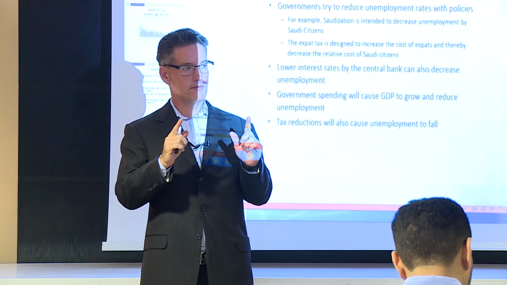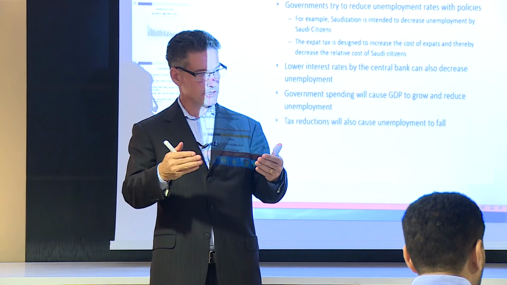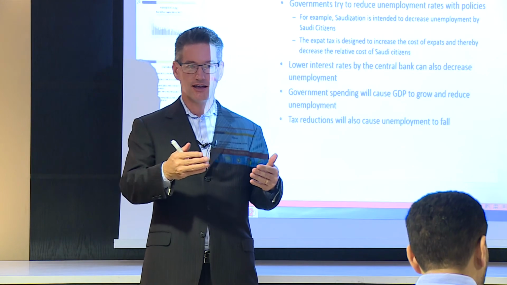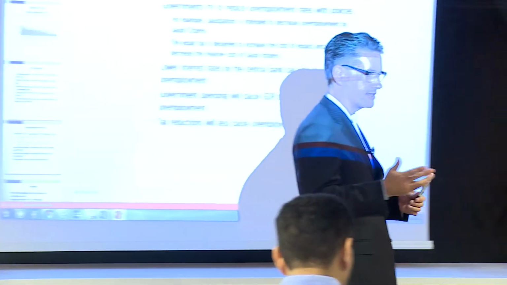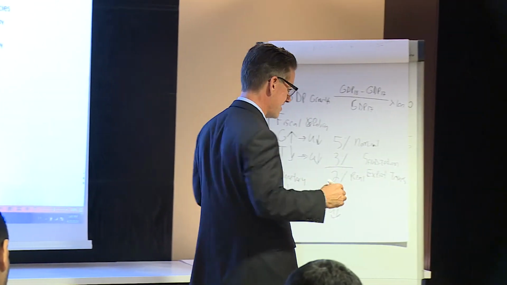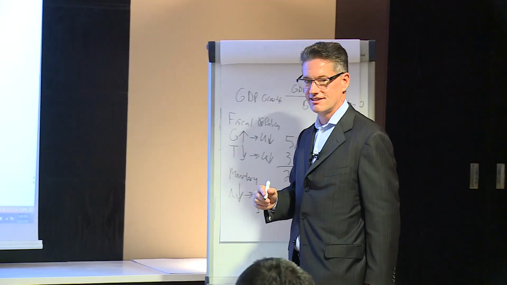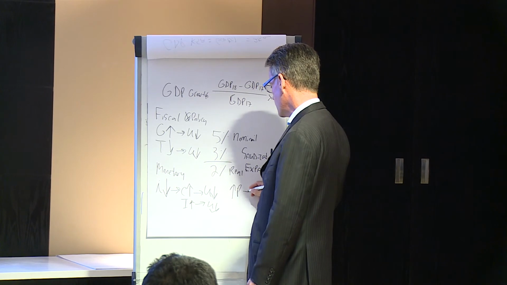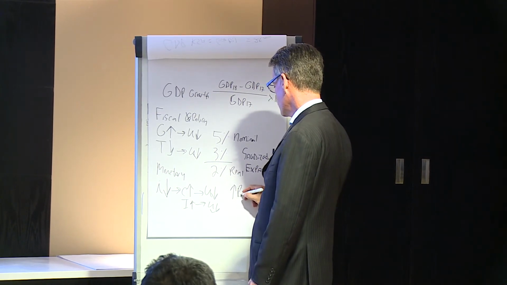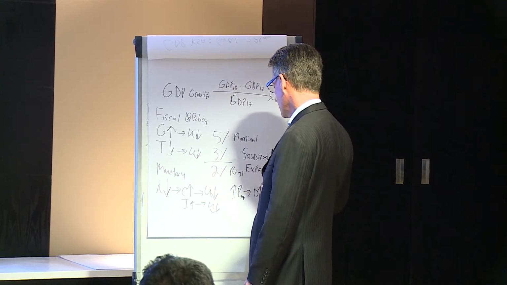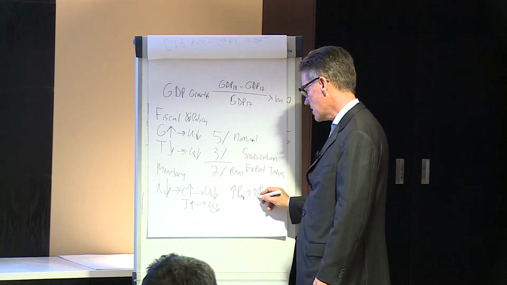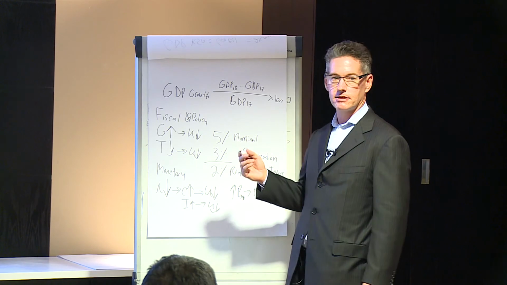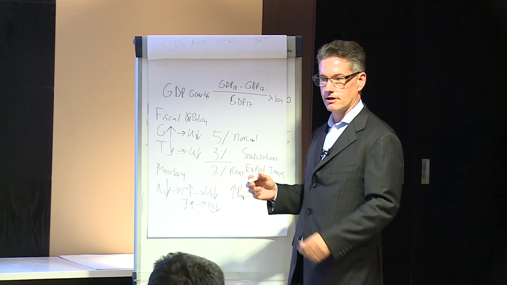So in terms of thinking economically, what's a substitute to an expat? A Saudi. Yeah, it's like the coffee and the tea. So if the price of the expat goes up, then demand for Saudis should go up. And if demand for Saudis goes up, then unemployment for Saudis goes down. That's the idea behind that, right?